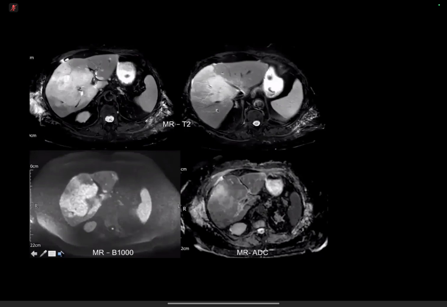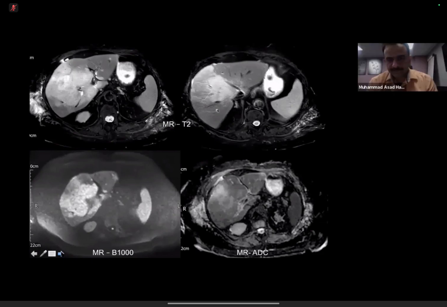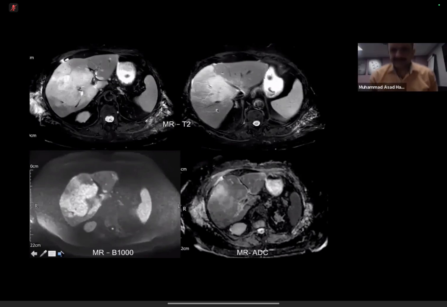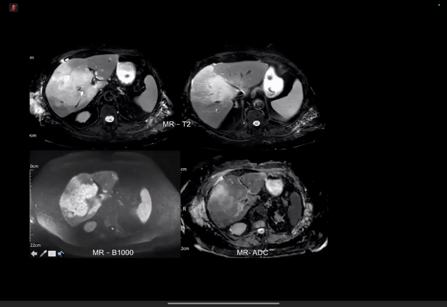Normally, we try to avoid the lesions which are reaching out to the capsule. We try to find a lesion which has an intervening normal liver parenchyma. Why is that important? Bleeding, because once you go through the capsular lesion, there's more chance of bleeding.